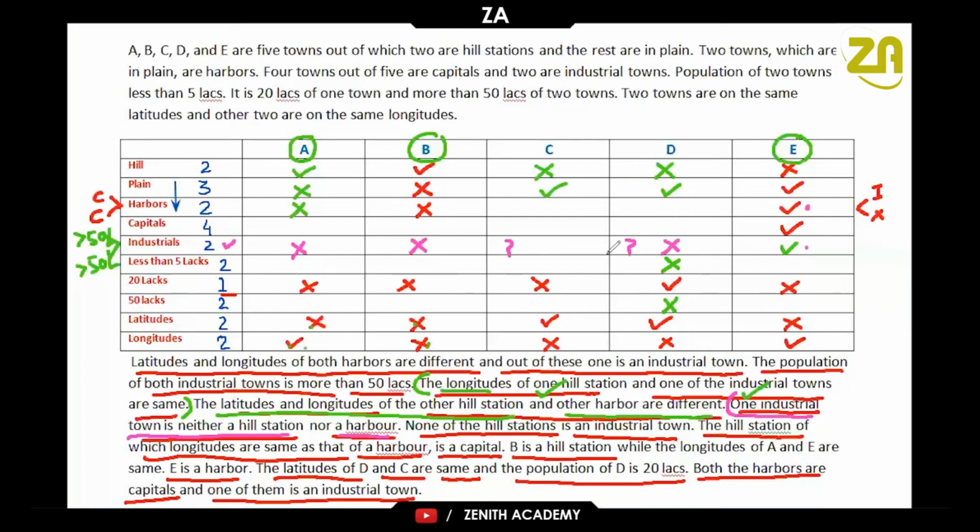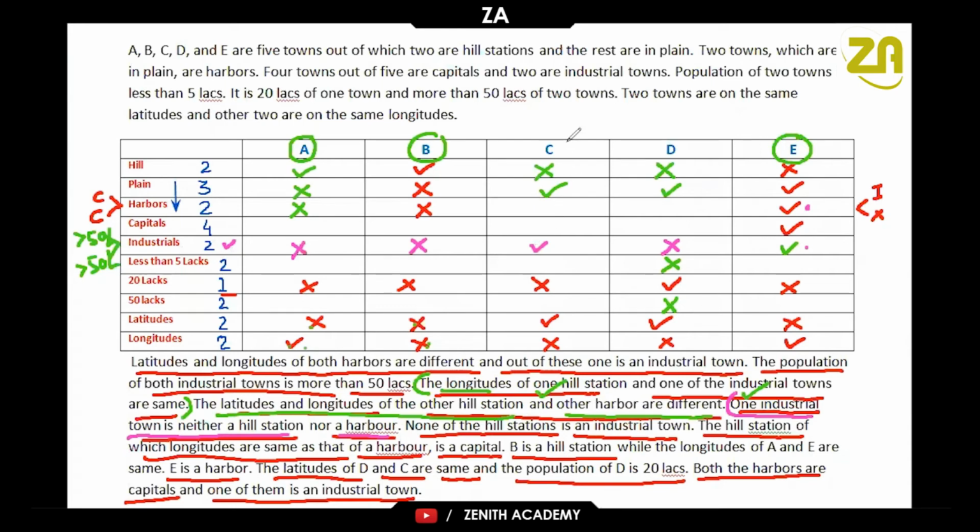Okay, it means now in this row, this cannot be industrial, this cannot be industrial, this cannot be industrial, and there are 2 industrial, one is decided. So now C is industrial.